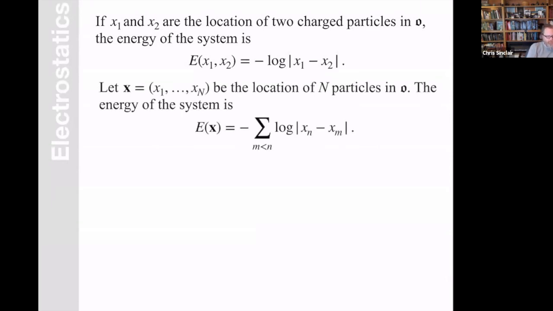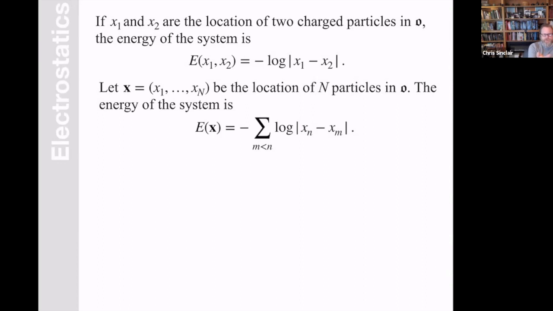If I have n particles, x1 through xN, then the energy of the system is just the sum of the pairwise energies. So I sum over all pairs of particles, look at the log of the p-adic distance between those two, sum that up, and put in a negative sign just to make sure that the sign convention works. And this is the energy of the system.